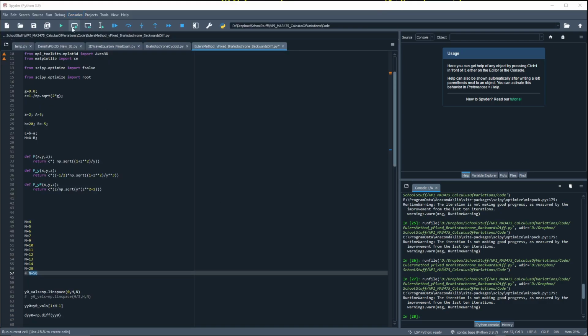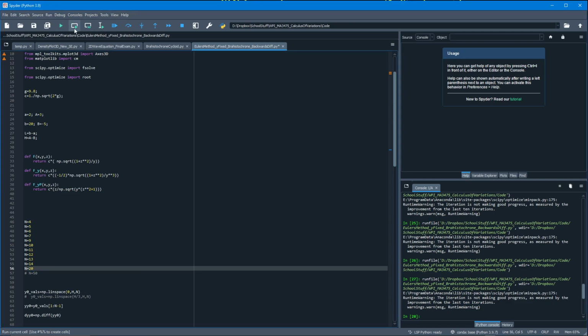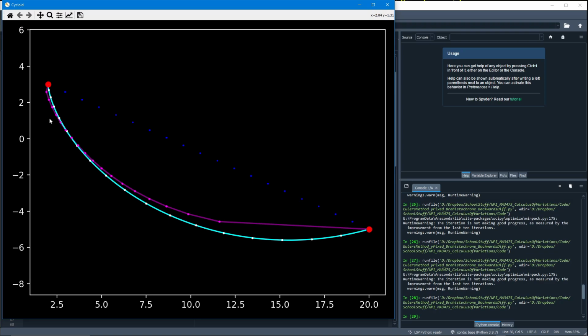So we have to be careful with this because this is definitely going to possibly not be very nice. The smaller we go with n, because we're getting closer and closer to the point where the derivative is discontinuous. However, even for n equals 20, we get a fairly nice solution.